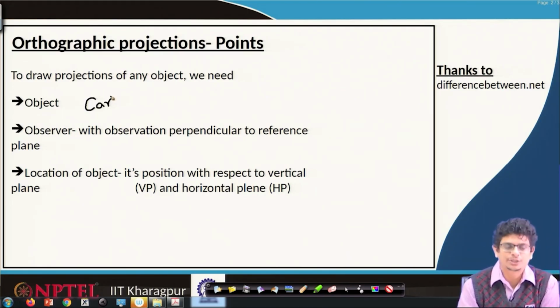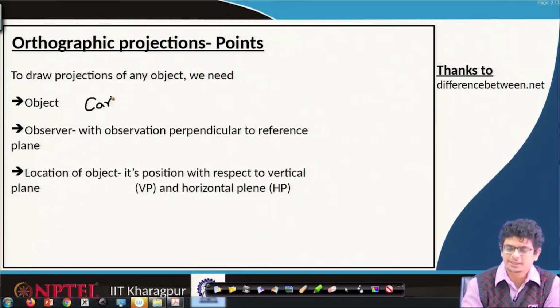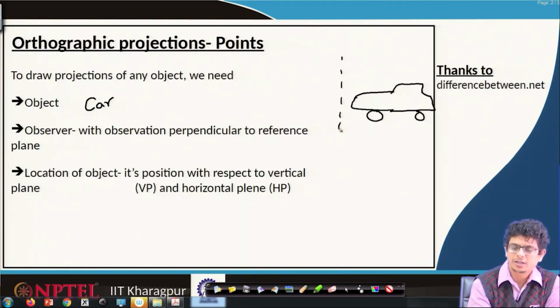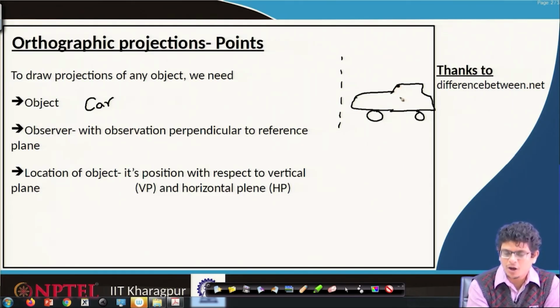and we require an observer with an observation perpendicular to the reference planes. That means, if this is the car, any point on the object, we are projecting onto a reference plane.